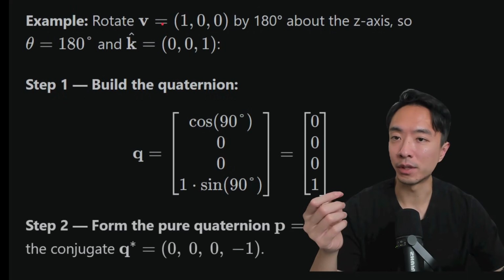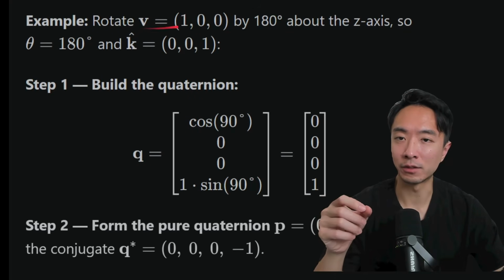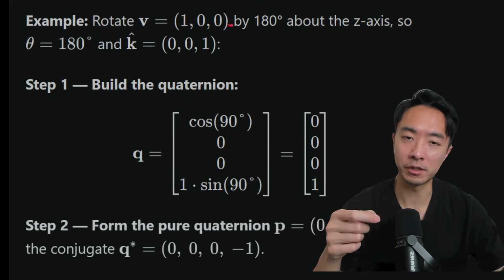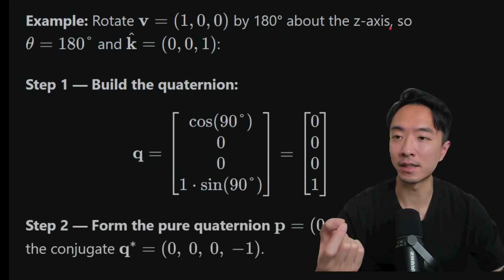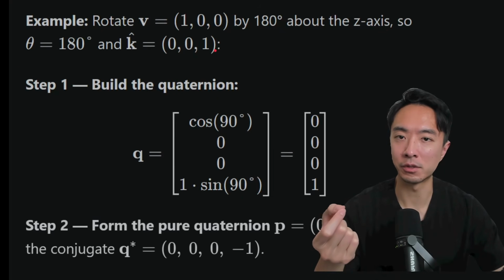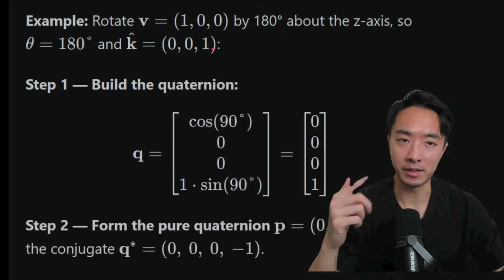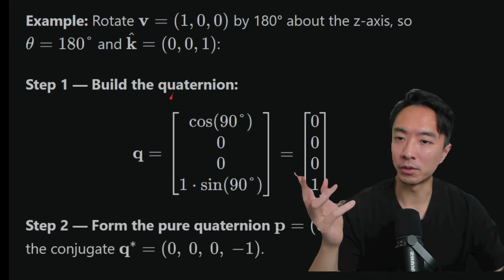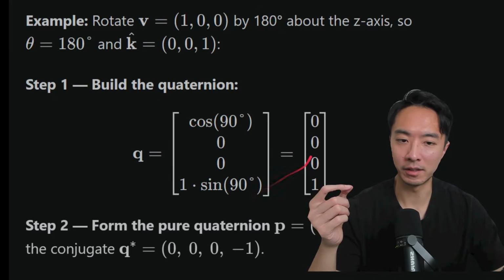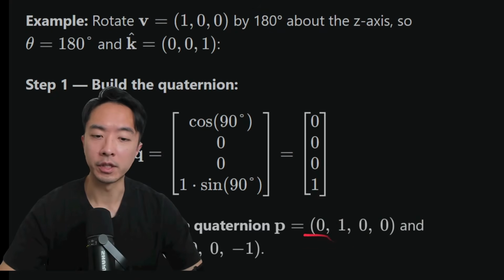Here's an example. If you want to rotate a vector v equals 100 by 180 degrees about the z-axis, we have theta equals 180 and k equals 001, because that's the z-axis. What you want to do is build up the quaternion. You plug it in here, and you get 001. Here we have the p vector 0100.